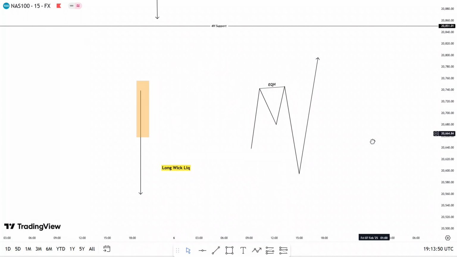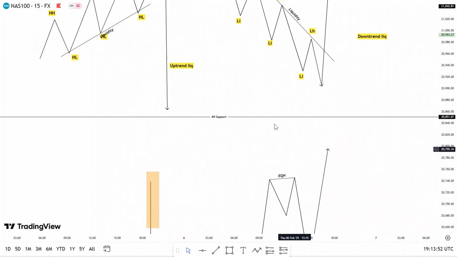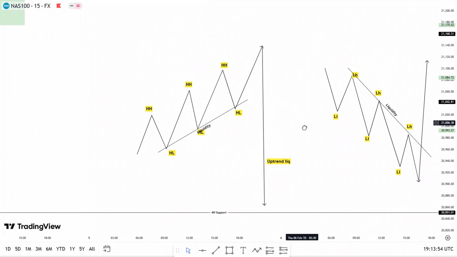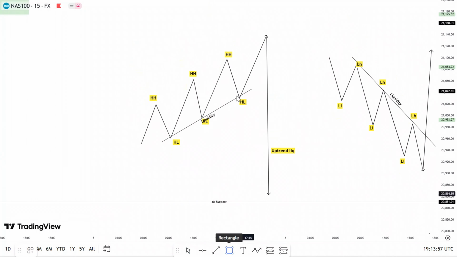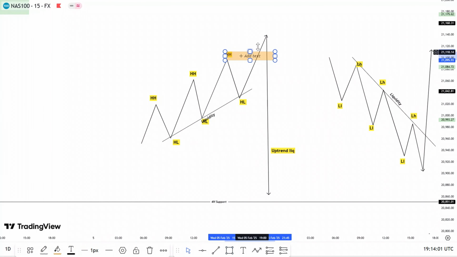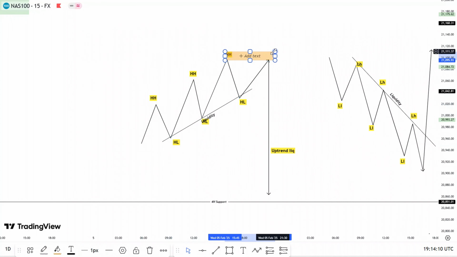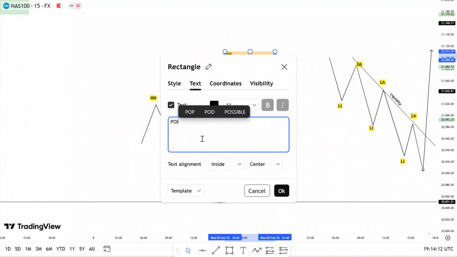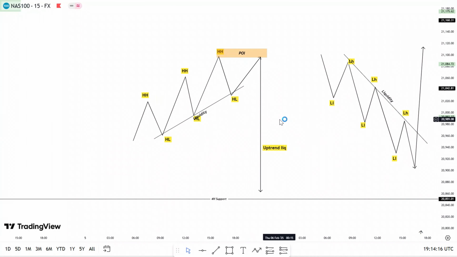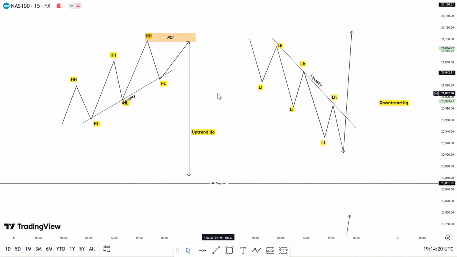For this one you will have your point of interest above, somewhere around your POI, because this one you are actually looking to sell the market, right? I'm looking to sell the market.